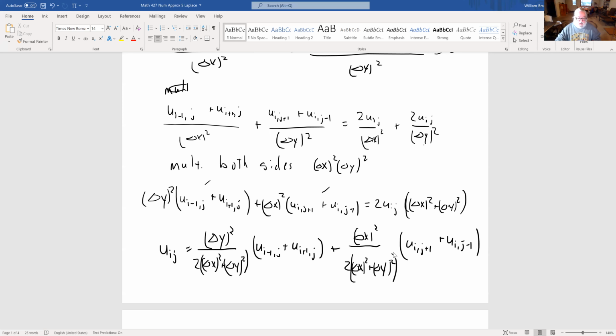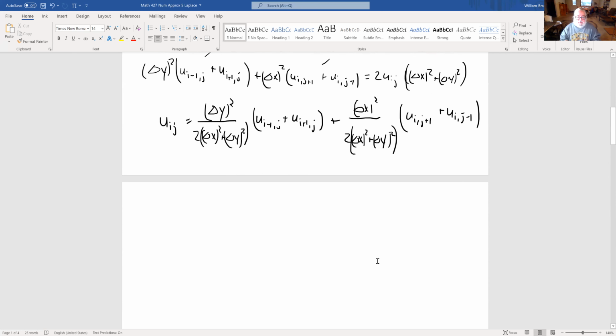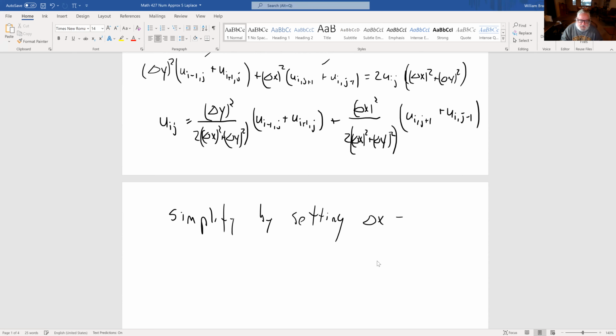There we go. So, okay, what we'd like to do actually to make our life a little bit easier is make our grid equally spaced in the y direction and the x direction. So simplify by setting delta x equal to delta y. What that means is that these coefficients here and here just become 1/4.